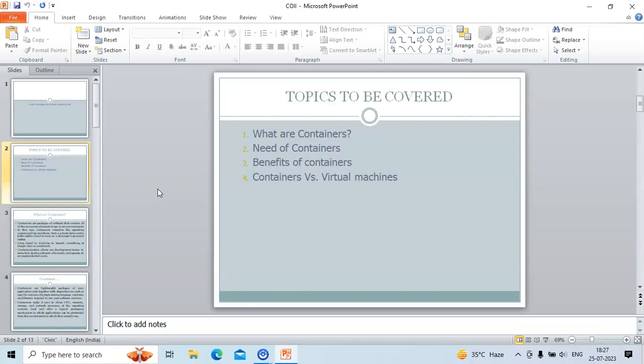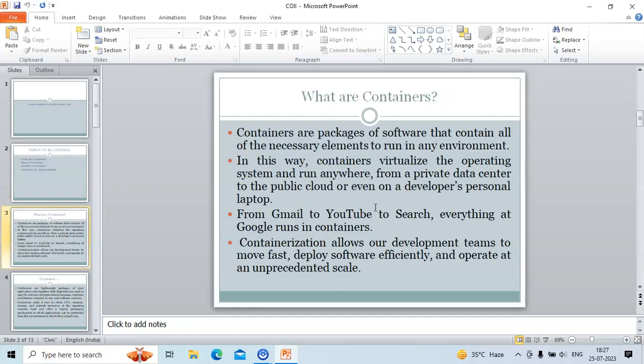So here you are seeing the three topics that we need to cover. Moving forward with the definition of containers. Containers are actually packages of software that provide you all the important elements to run in any environment.